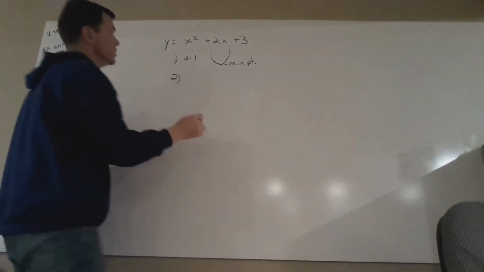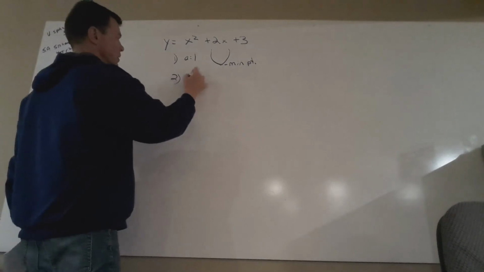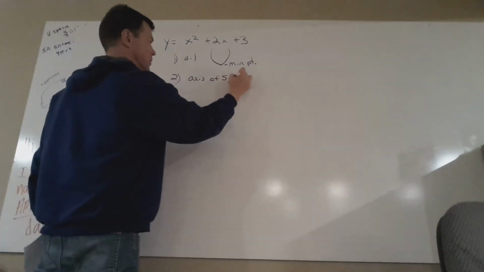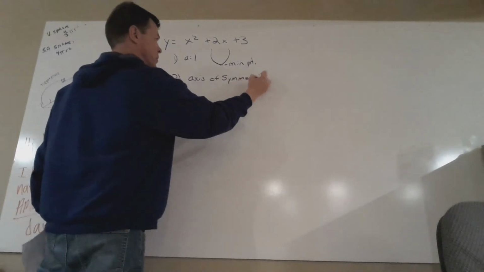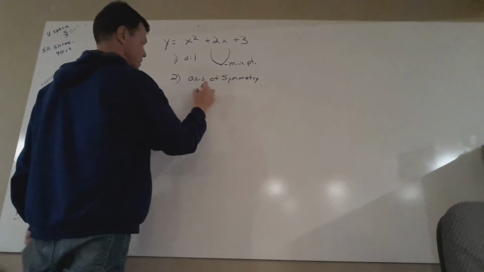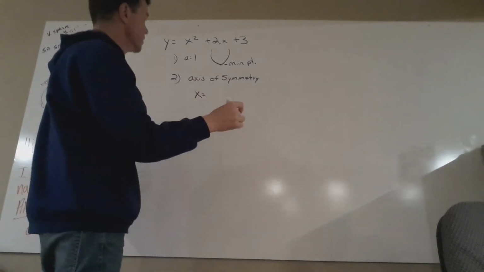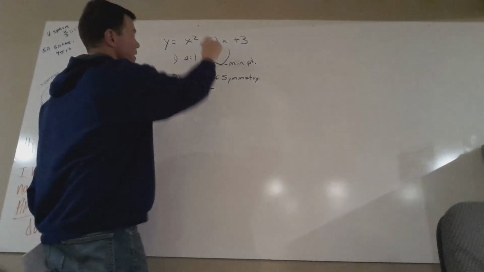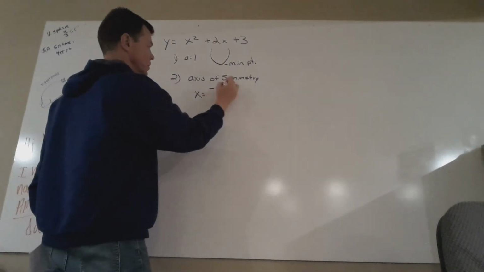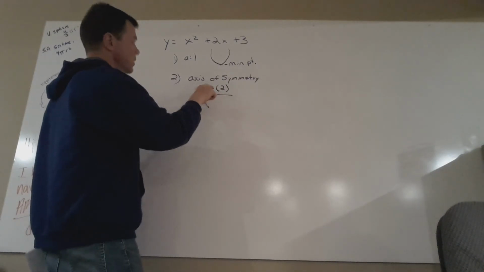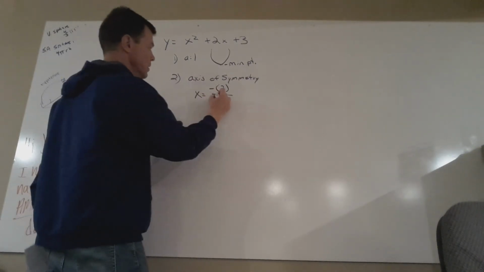All right, number 2, axis of symmetry. Plug into our formula for axis of symmetry, and that is x equals negative b over 2a. B up here is a 2, so plug in the 2 in the right spot, all over 2a.